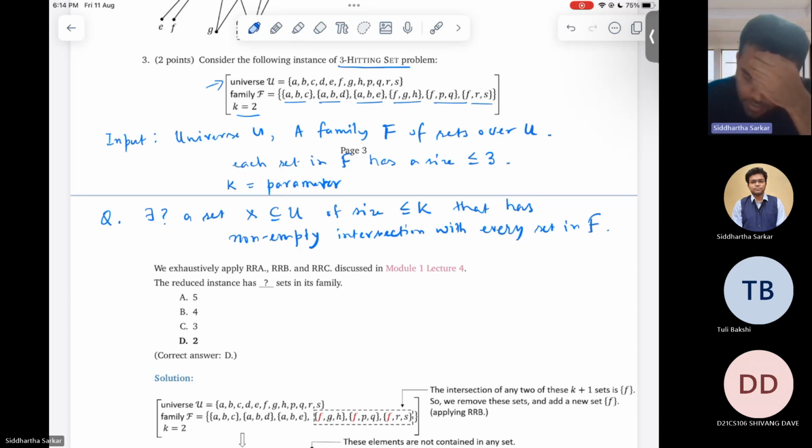So we are asking, is it possible to pick some two elements from U such that all these sets in F are, so to say, hit.